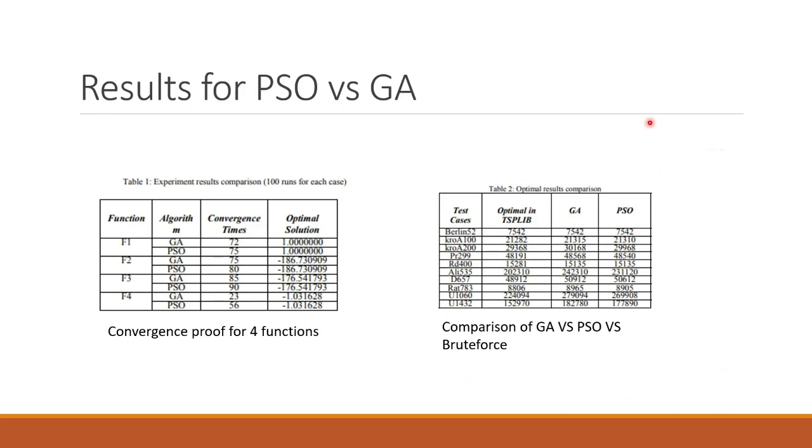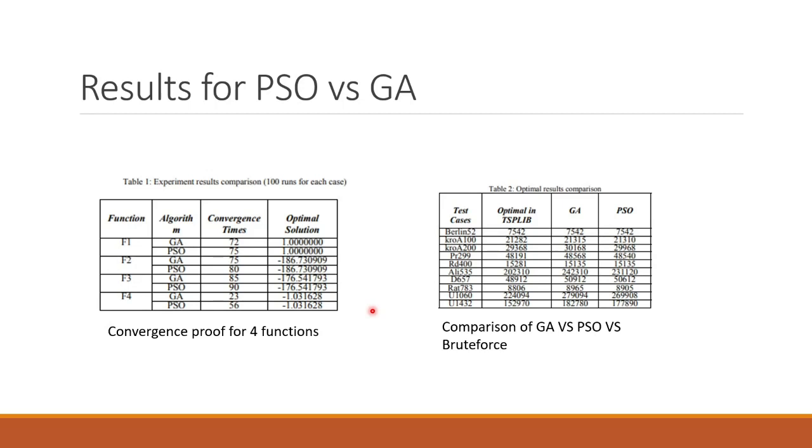For the traveling salesman problem, they ran the test cases for Berlin 52, which is a known key test case, and the number of cities varies from 52 to 1432 as shown in the table.